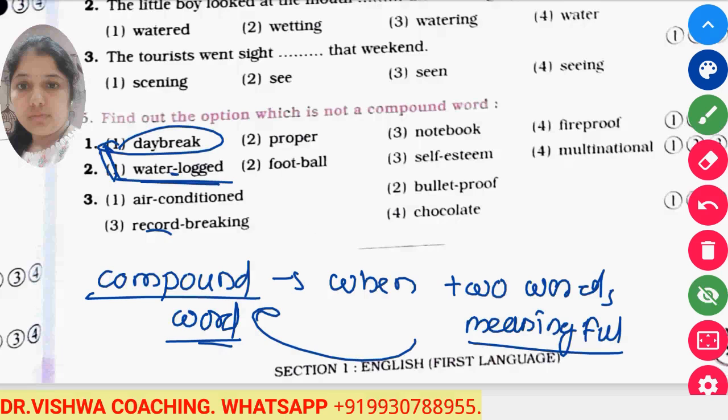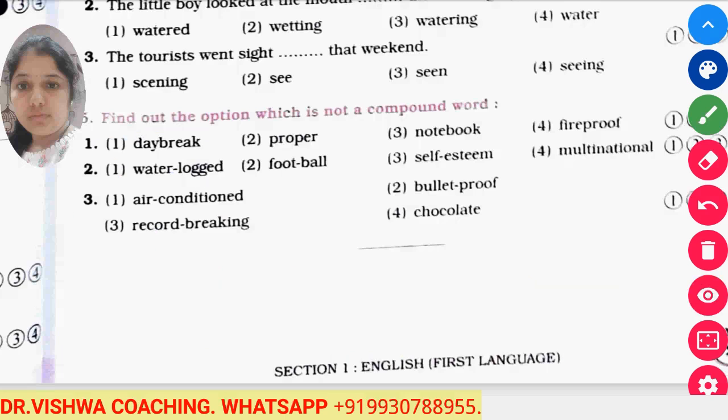So there are so many words: playground, football, life jacket, life belt, homework, classwork, workbook. In your daily life you are using compound words very frequently.